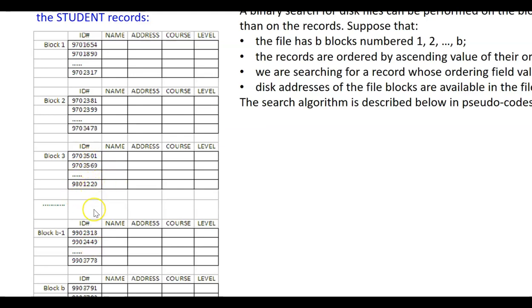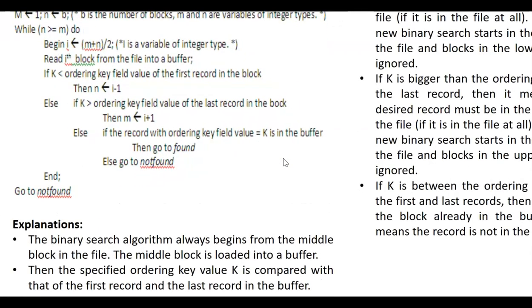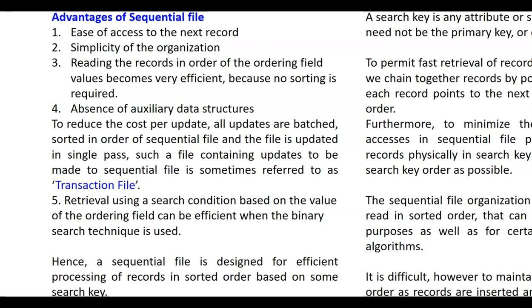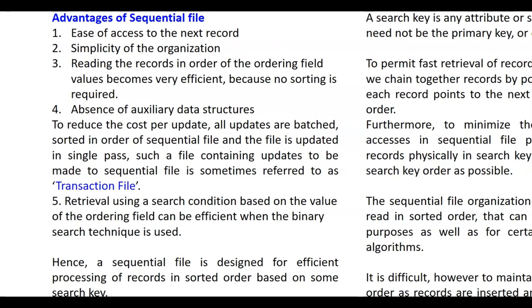So it takes it back to the disk, and then the other block is copied into the buffer, and when the search is done, this particular record is found. So that is how the binary search works out. This explanation is just to explain this pseudocode, which is the same as what I have just explained.